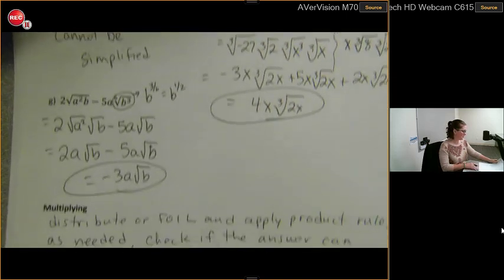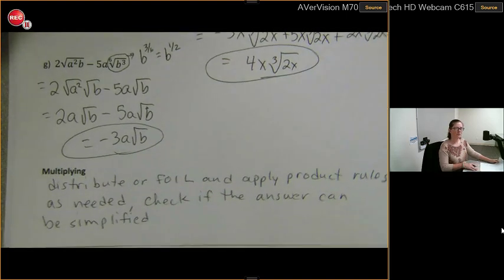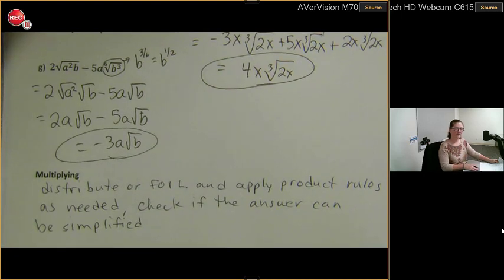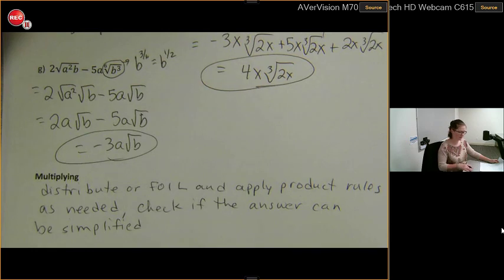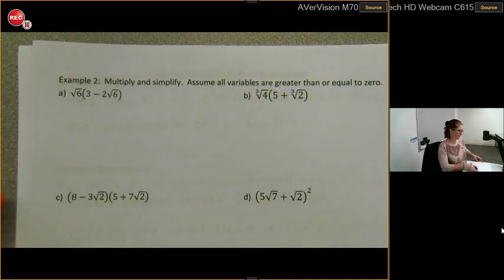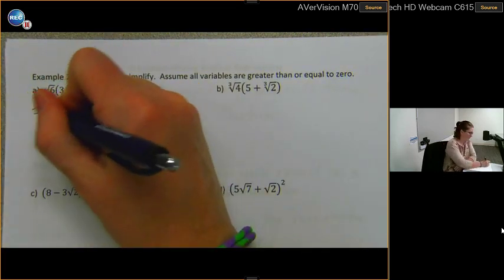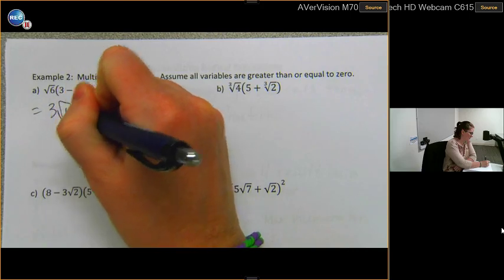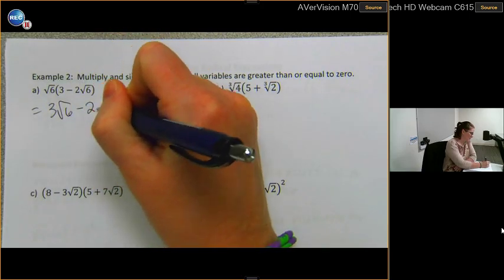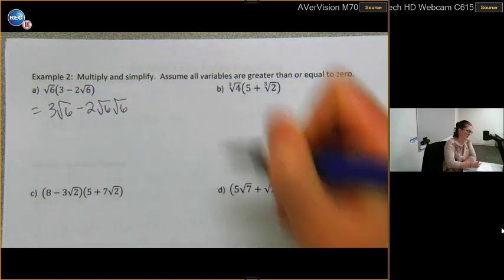When it comes to multiplying, we're going to distribute or FOIL and apply product rules as needed, and then check if our answer can be simplified. So letter A is distributing. So I'm going to take 3 square root of 6 minus 2 square root of 6 times the square root of 6.